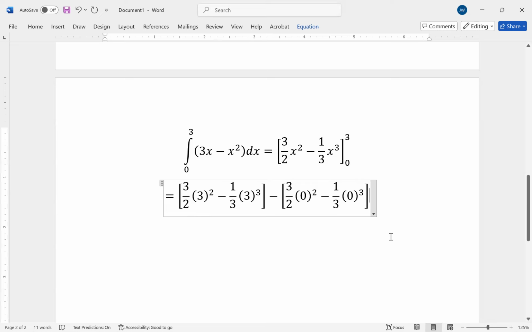When we take 3/2 times 3 squared minus 1/3 times 3 to the third, excuse me, I get 4.5. So I get 4.5 when I compute this one.